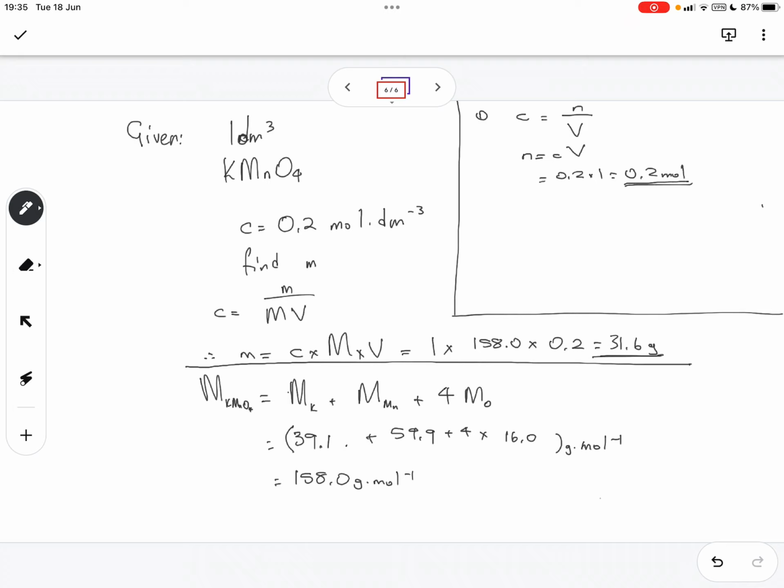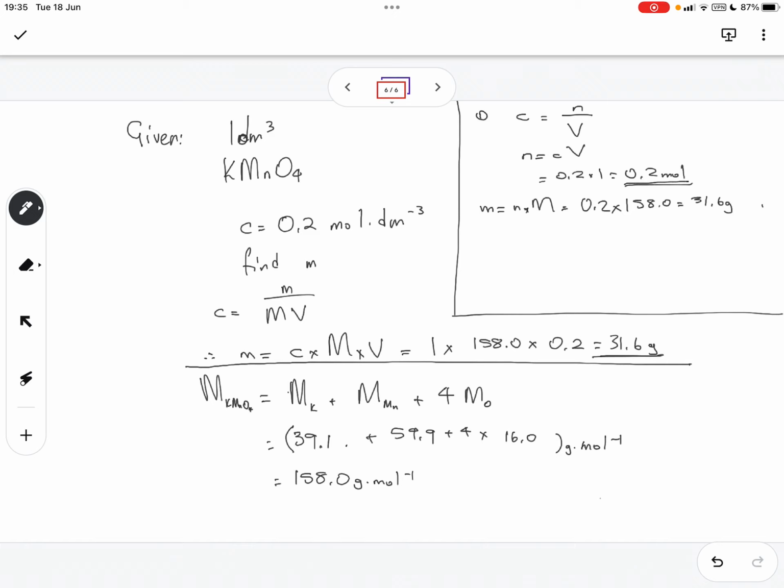So once you found the number of moles as 0.2, then the mass, which will equal number of moles times molar mass, and this would be number of moles is 0.2 and the molar mass is 158.0, and then the mass becomes 31.6 grams.